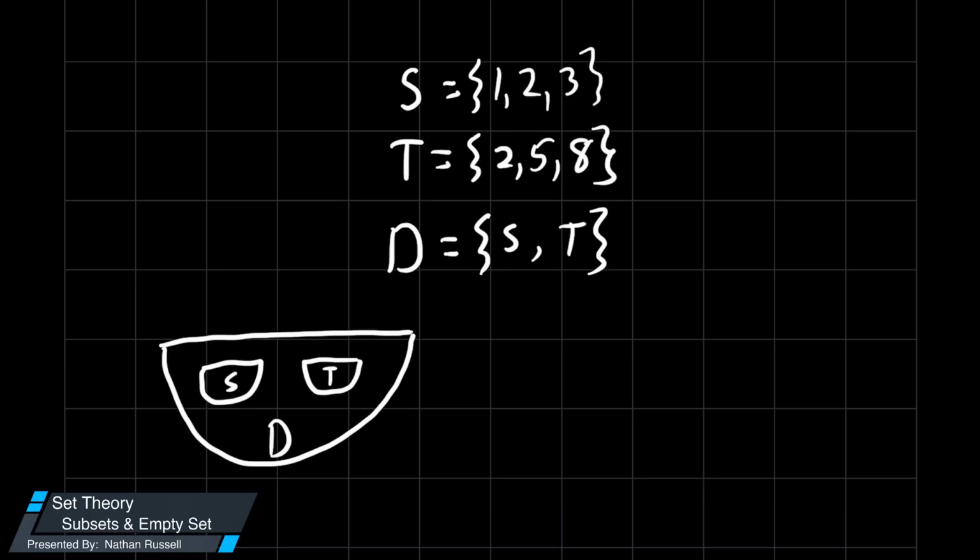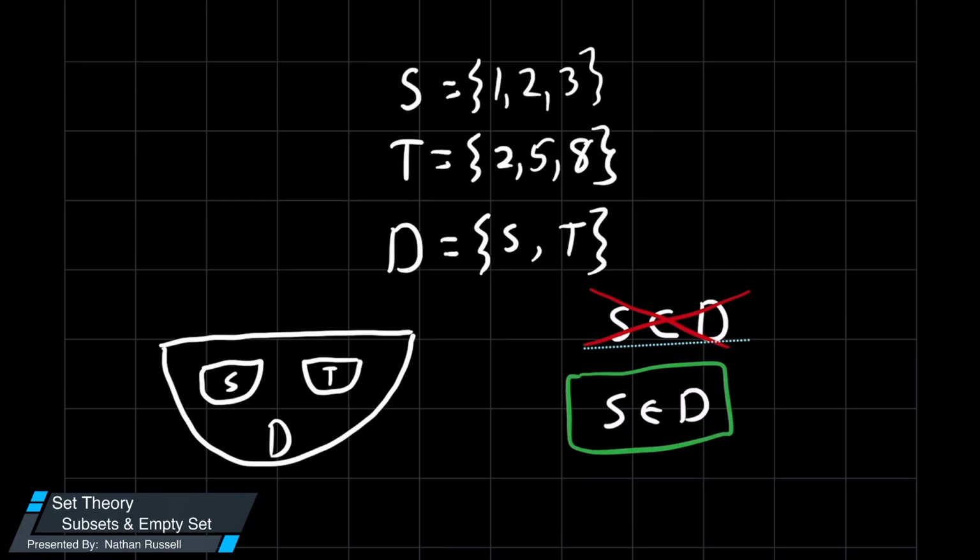So this is where we have a set containing other sets, and in this case, S is not a subset of D, so we say that this is an incorrect statement. However, we would say that S is an element of D, and in this expression, this is true.